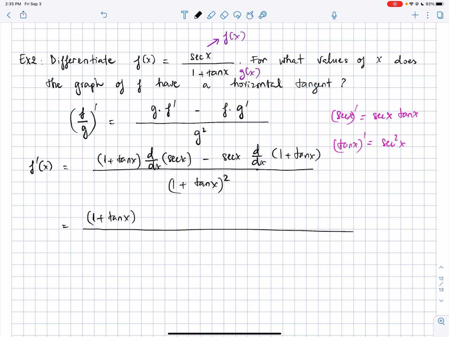So secant x, the derivative is secant x times tangent x, and minus secant x. The derivative of 1 is 0. The derivative of tangent x is secant squared x, over 1 plus tangent x squared.